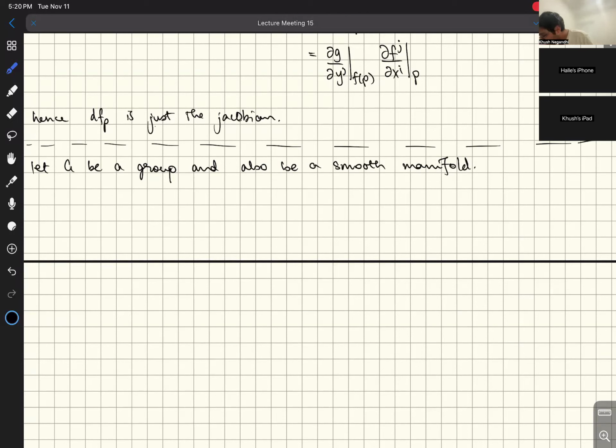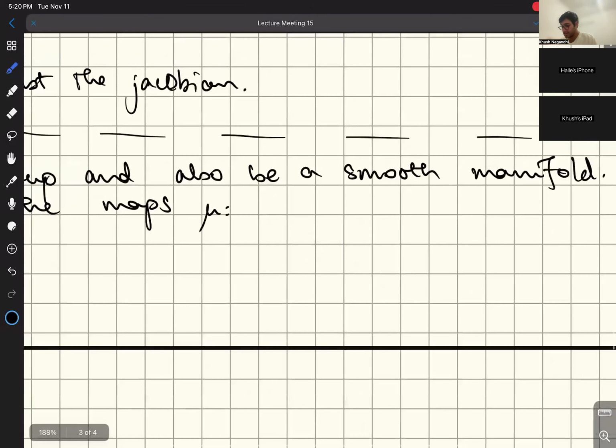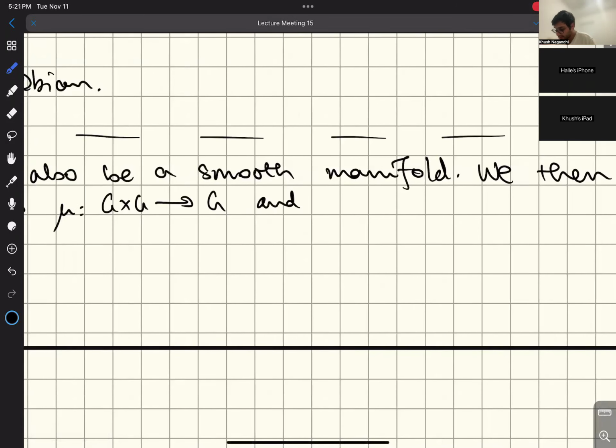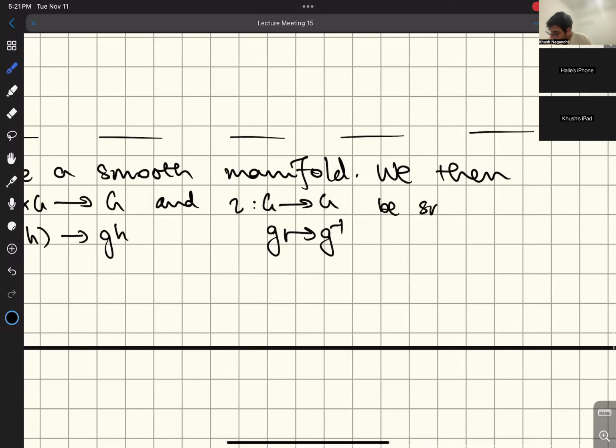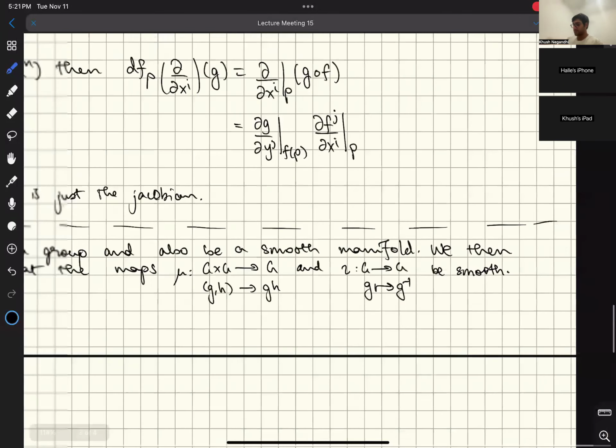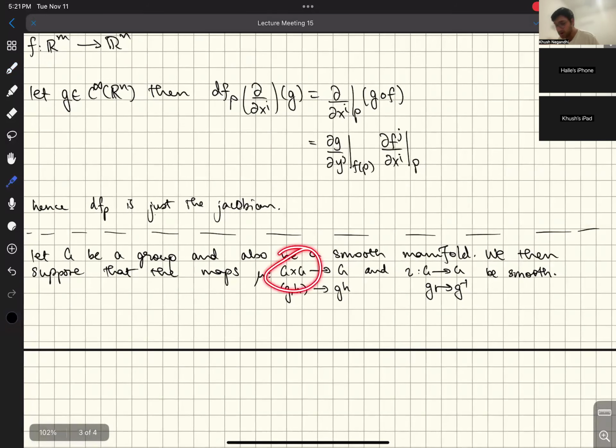So we suppose that the maps mu from G cross G into G and iota from G into G, given by (g,h) goes to gh and g goes to g inverse, are smooth. Now one question you might ask is, what is the smooth structure on G cross G?